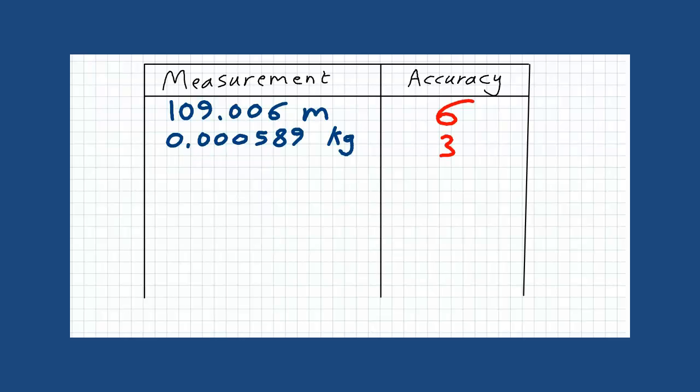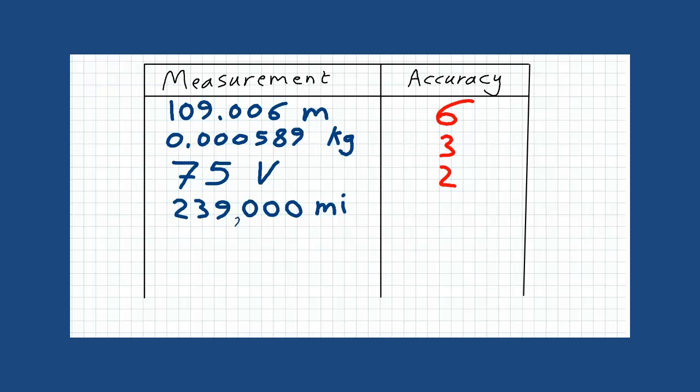A third example, 75 volts. I think this one is clear. All numbers here are significant. So we can say that we have accuracy 2. Example 4. In this example, we will start counting from the first non-zero number from the left.